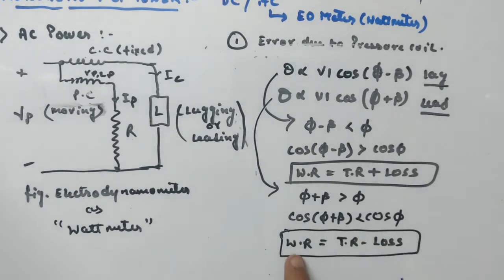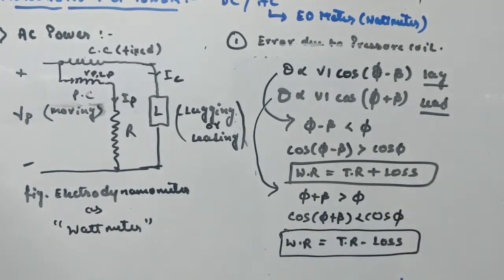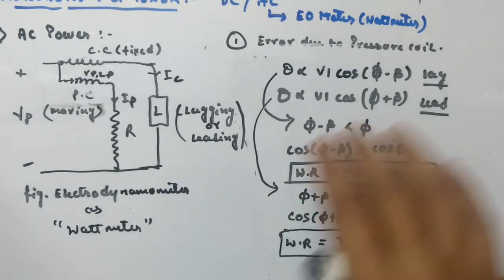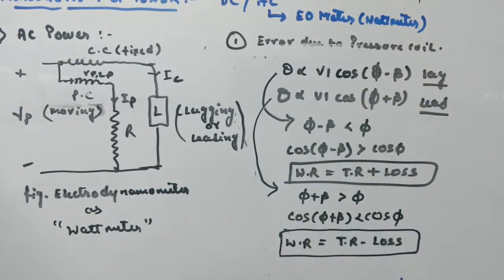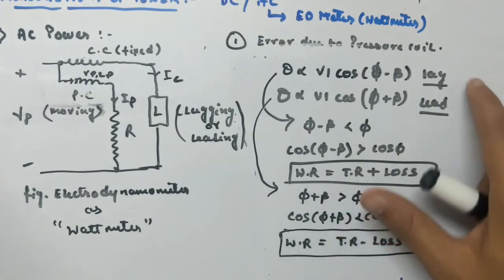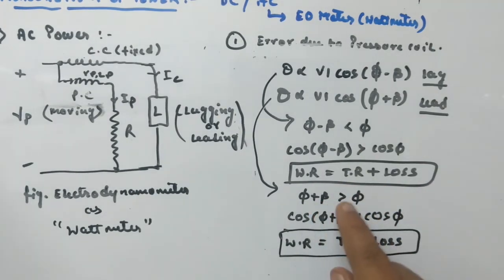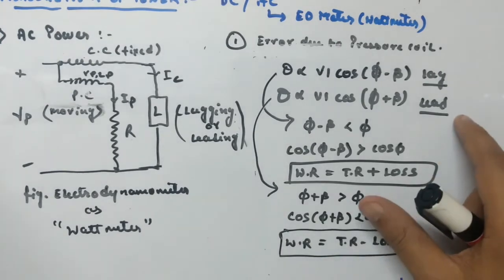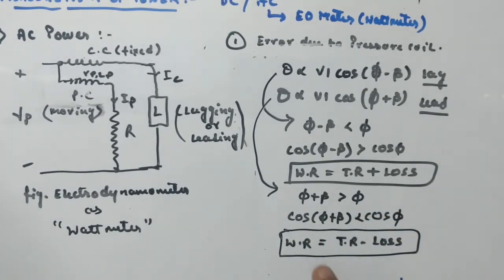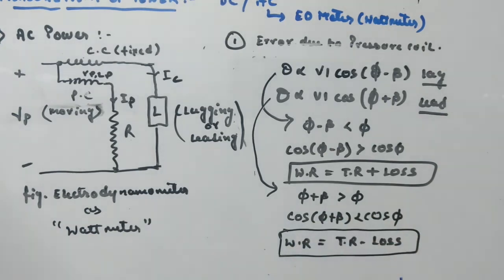That is how you can frame the wattmeter readings if you include the effect of pressure coil inductance in the lagging and leading cases. In the lagging case, the wattmeter reading will be more than the true reading, and in the leading case, the wattmeter reading will be less than the true reading. That is how you can frame it.